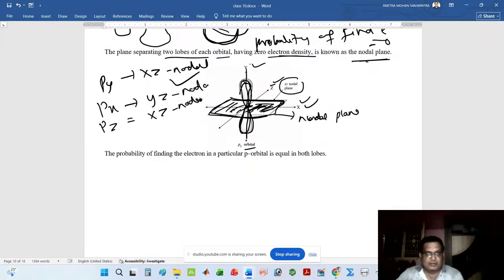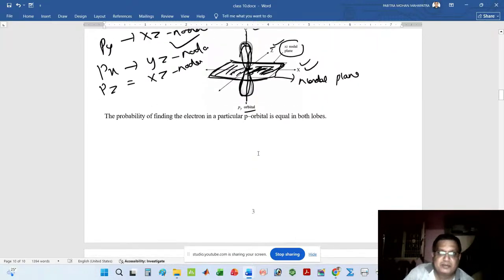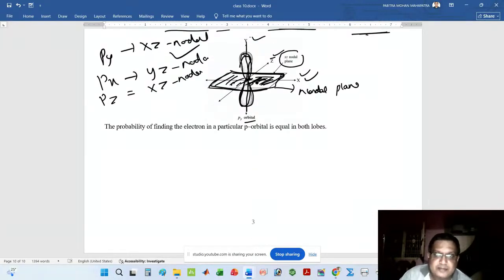Remember an important point. Every p orbital has two lobes. Look at that py orbital. This is the first lobe, upper lobe. This is the below lobe. Suppose here the probability of finding electron is x. In this lobe also the probability of finding electron is x.